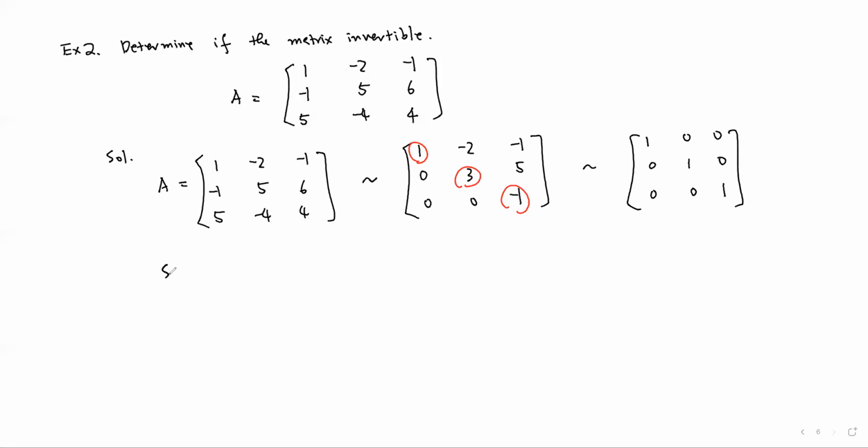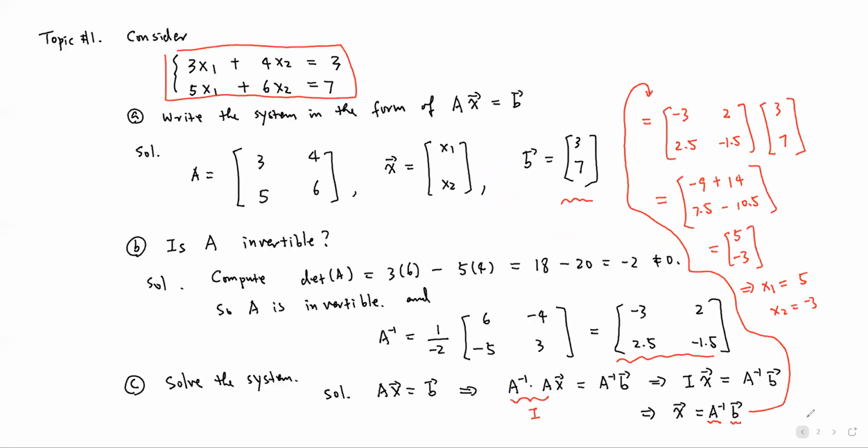So the conclusion is A is invertible, or in another term, non-singular. This matrix is non-singular. This is the first topic about the inverse of a matrix.